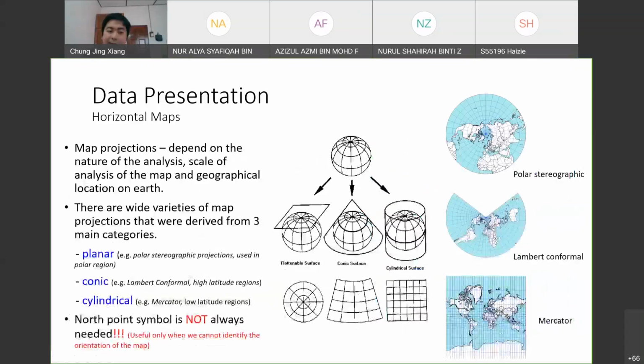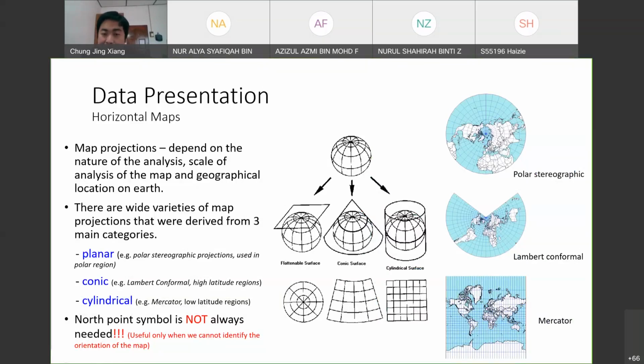Okay, and when drawing a horizontal map, there's something known as projection. I believe you should already have learned this in maybe the GIS class or something. Let's just go through it again. When we draw our map, we are effectively trying to flatten our Earth. Our Earth is actually an ellipsoid, not flat.